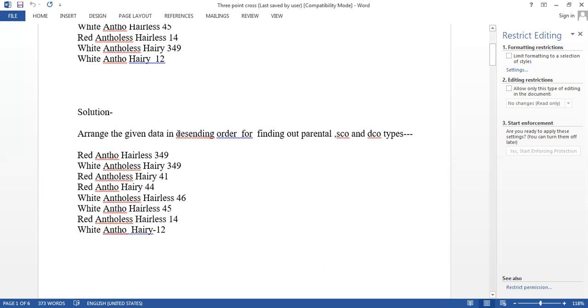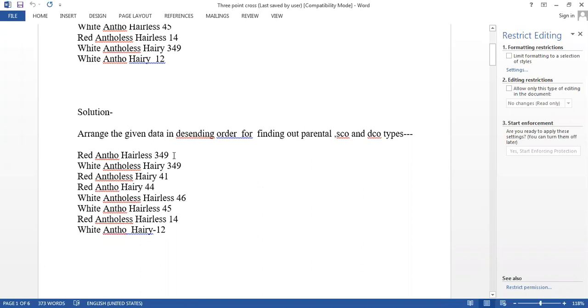So arrange the given data in descending order to find out the parental type, SCO and DCO. After the data is arranged in descending order, the two types with maximum numbers are, here, red, anthocyanin, hairless, 349. And the second highest is also 349, white, anthocyanin-less, hairy. So number 1 and number 2 are parental types. The individual with red, anthocyanin pigment, hairless is crossed with white, anthocyanin-less, hairy.